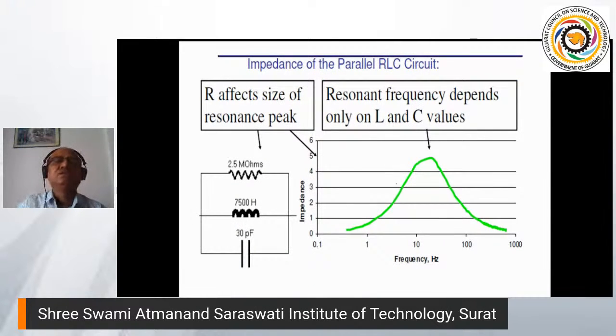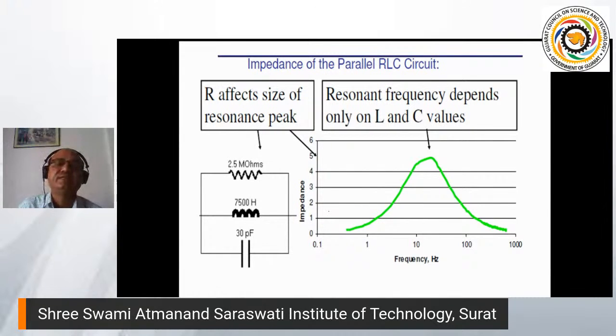So here a simple example is given, with R, L, and C, and input given from, let's say, some hertz to some hundreds of hertz.